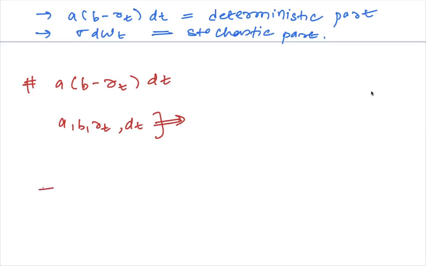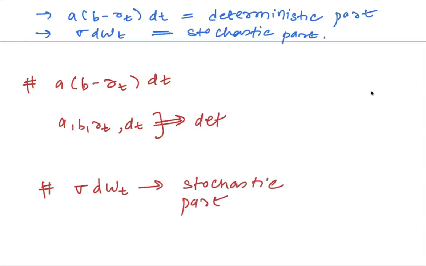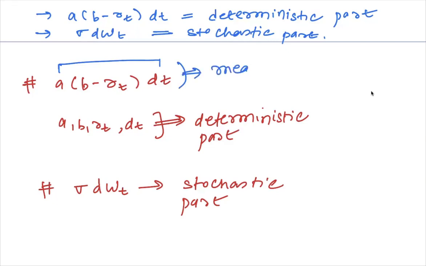Okay. So sigma dWt is called the stochastic part, right? So why is the other called the deterministic part? See, the deterministic component drives the interest rate towards the long-term mean. So this component is called the mean reversion component, or deterministic component.